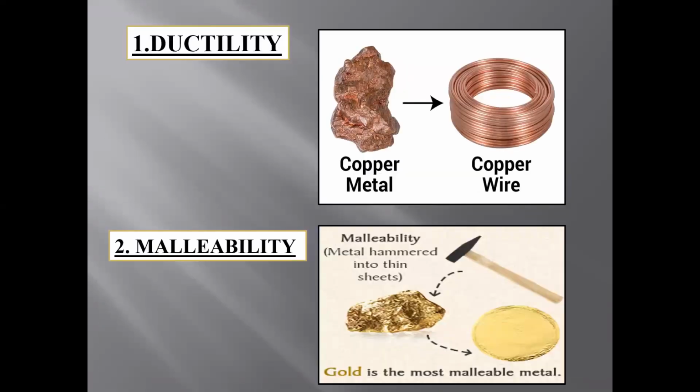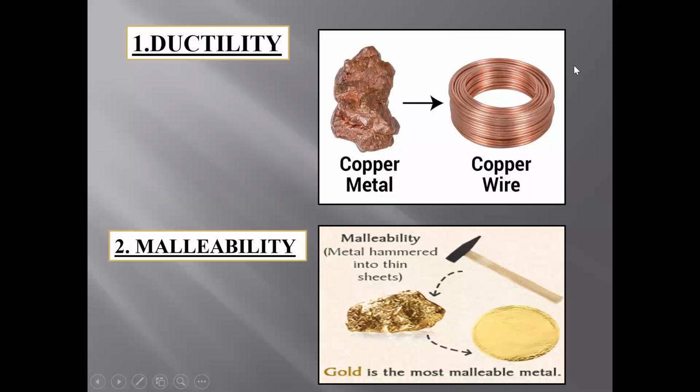Now, ductility. What is the meaning of ductility? Ductility is a characteristic property of metals by which they can be drawn into wire, as the picture shown over here, that this is copper metal which is drawn into wire like this.